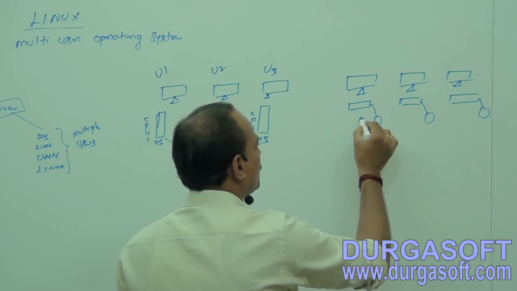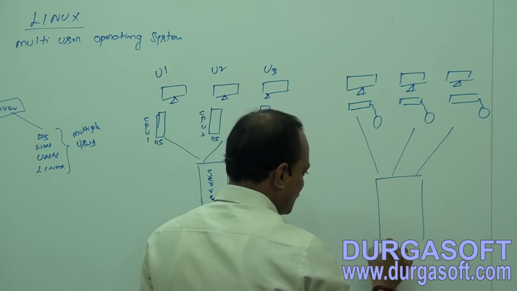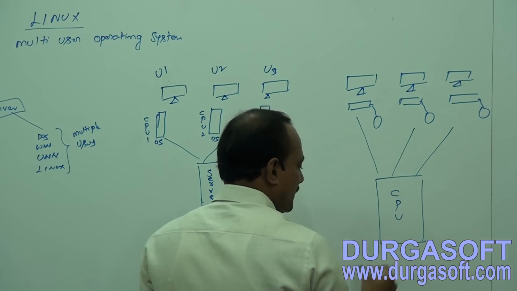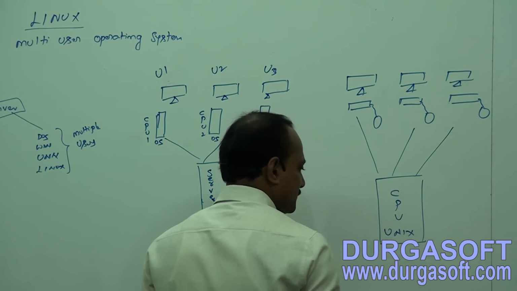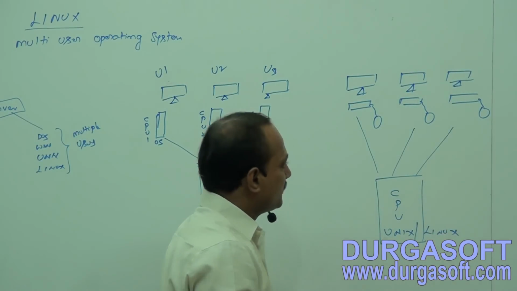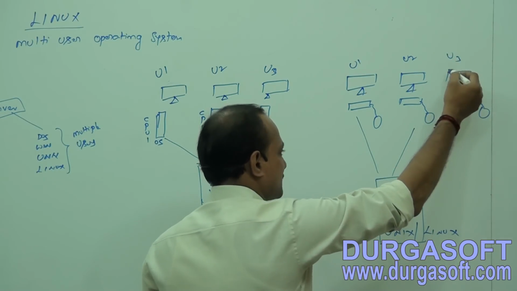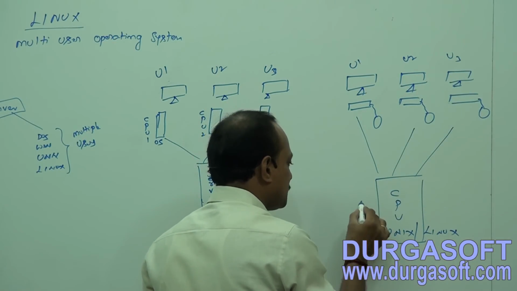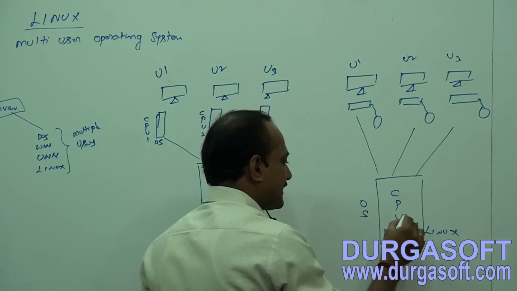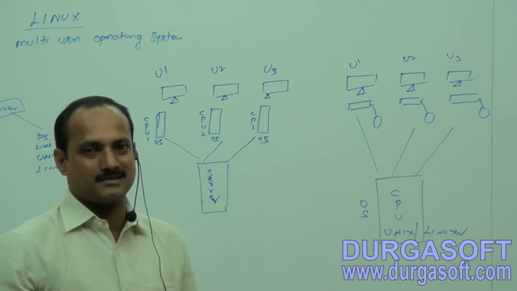All these input and output terminals are connected to one CPU, one system. Under this you have Unix or Linux, any operating system. Still, how many users are here? 3 users. 3 users are connecting to one operating system. That's why this operating system is called a multi-user operating system.